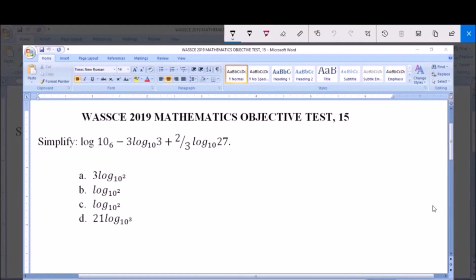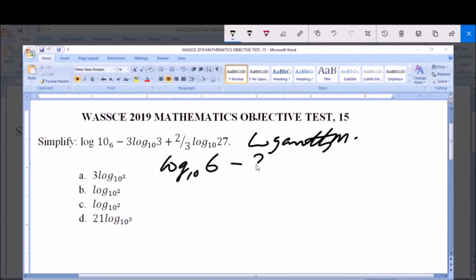Question 15. Simplify log 6 base 10 minus 3 log 3 base 10 plus 2 over 3 log 27 base 10. Now this is a logarithm question. Now we have log 6 base 10 minus 3 log 3 base 10 plus 2 over 3 log 27 base 10.